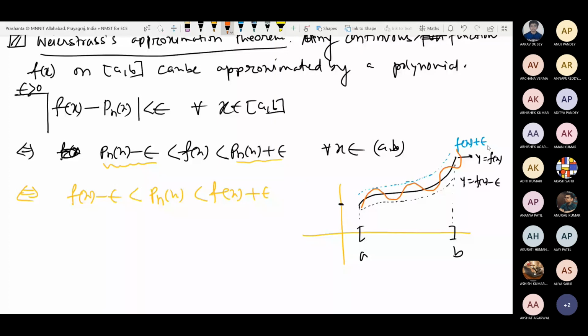If you choose epsilon close to 0, this band becomes narrower and narrower, and still it is possible to find a polynomial lying in the band. So basically you can represent f of x by that polynomial.